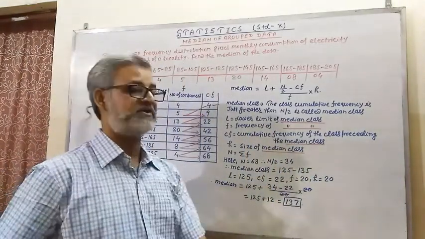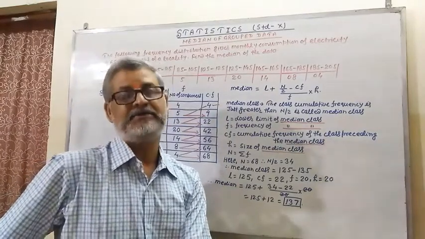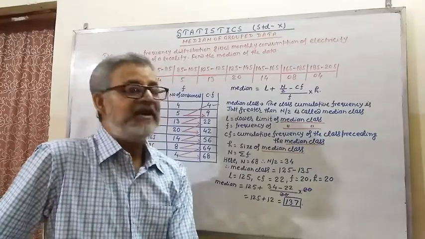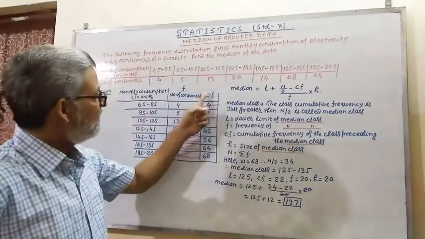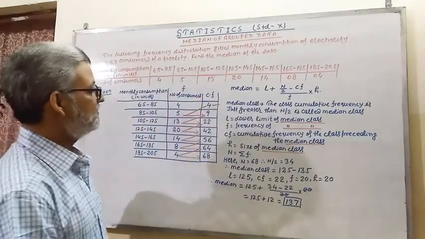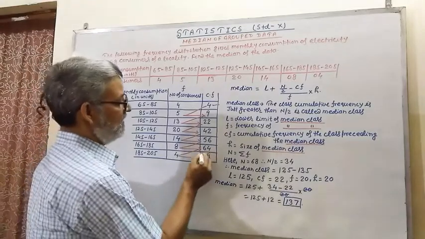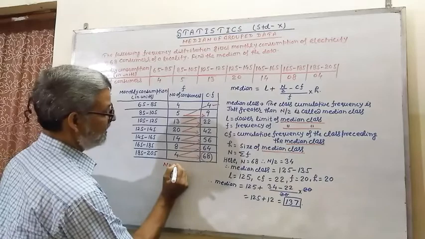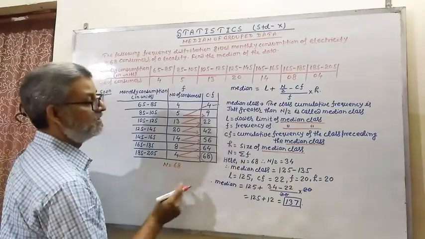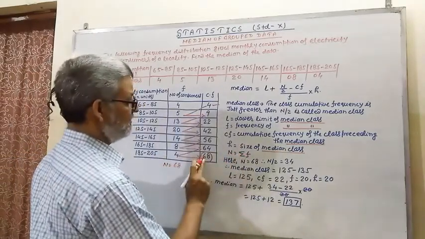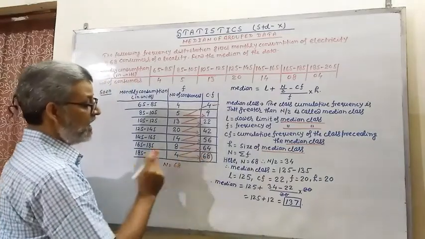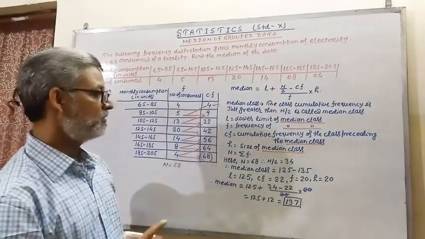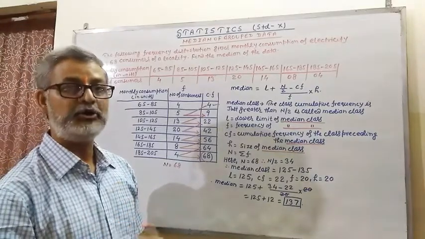So first you understand what the median class is. That is the main point in median. n is equal to 68, that is sigma f. After that, for the median class, you find the value of n by 2.